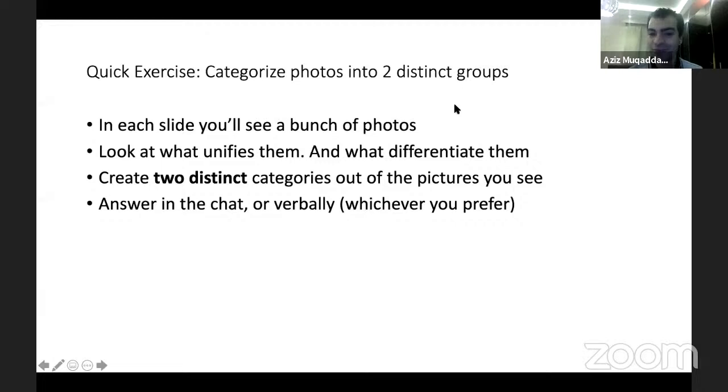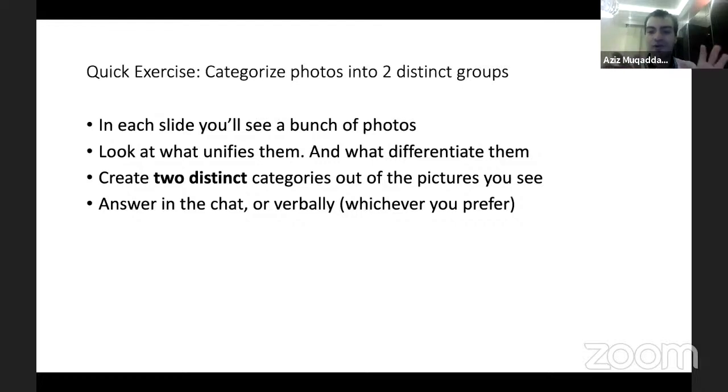This is going to be much simpler. So I have a quick exercise we can do together. I'm going to show you a bunch of photos in each slide. And you don't really have to, but you're encouraged to tell me 2 categories, only two categories, which the photos can be assigned to.